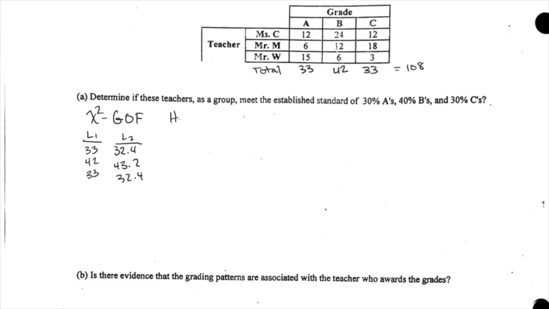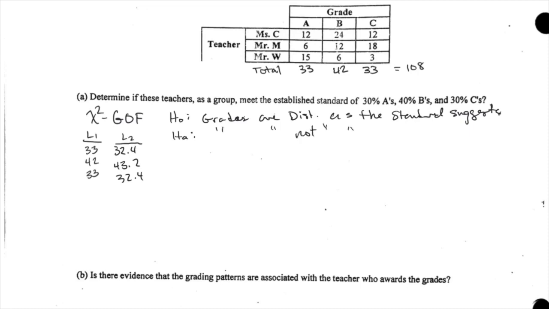So my H0 is grades are distributed as the standard suggests. And then my alternative, grades are not distributed as the standard suggests.